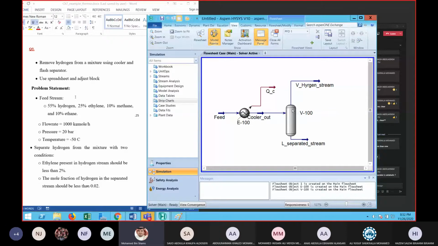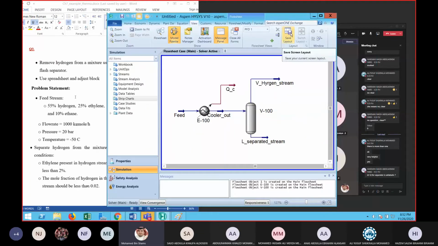For you to have a separation, you must have at least 2 phases. Let me ask you a question, guys. Can I have a separation with just a single phase?